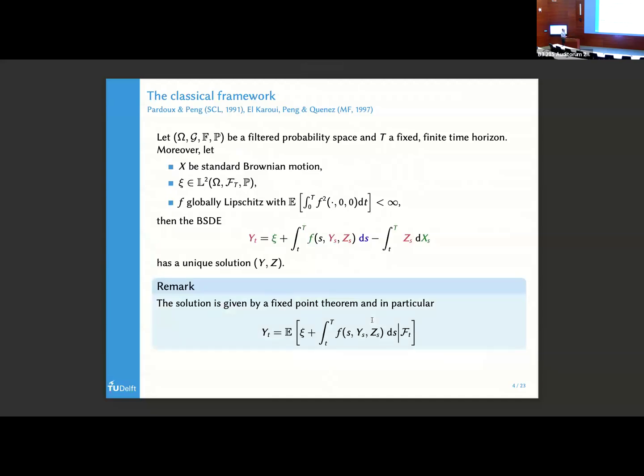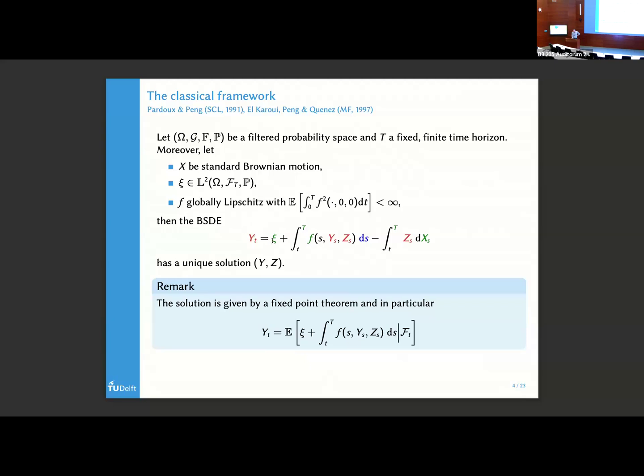More complicated versions of BSDEs appear in the classical framework of Pardoux and Peng, and then also El Karoui, Peng, and Quenez. The main setting is the following. You assume that you have some filtered space and some given finite time horizon, and then you assume that some things are known. The known things are denoted in this slide by green, and they are the standard Brownian motion driving the BSDE, this terminal random variable, and the function f.